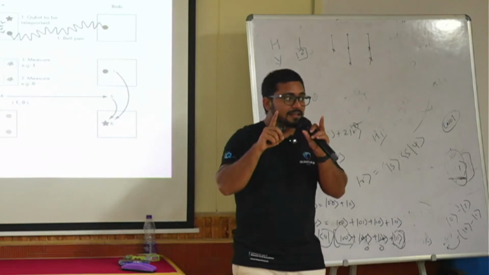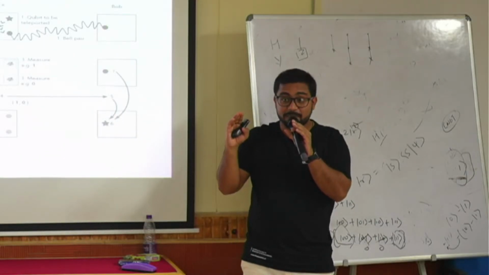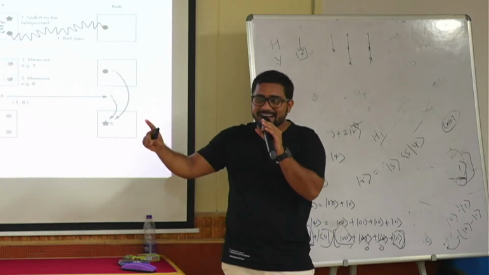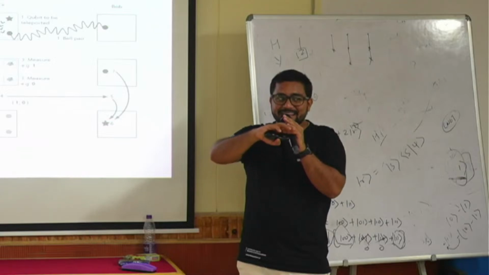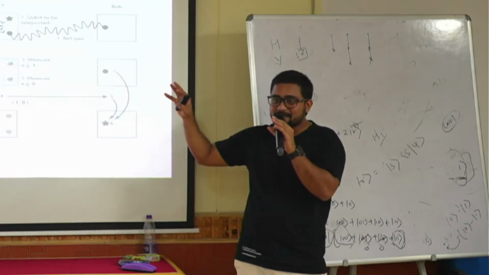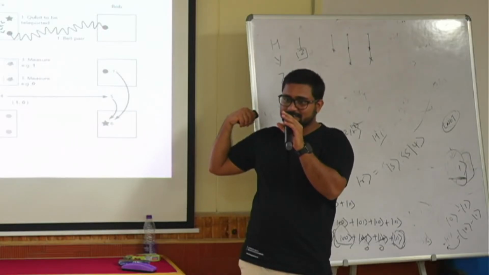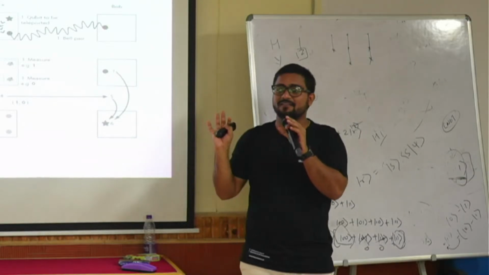So still, the speed of light is not violated. Still we respect Einstein. Physics respects Einstein. It doesn't break. So still we didn't break the principle of the speed of light. Useful information we didn't get faster than the speed of light, but quantum information went already.